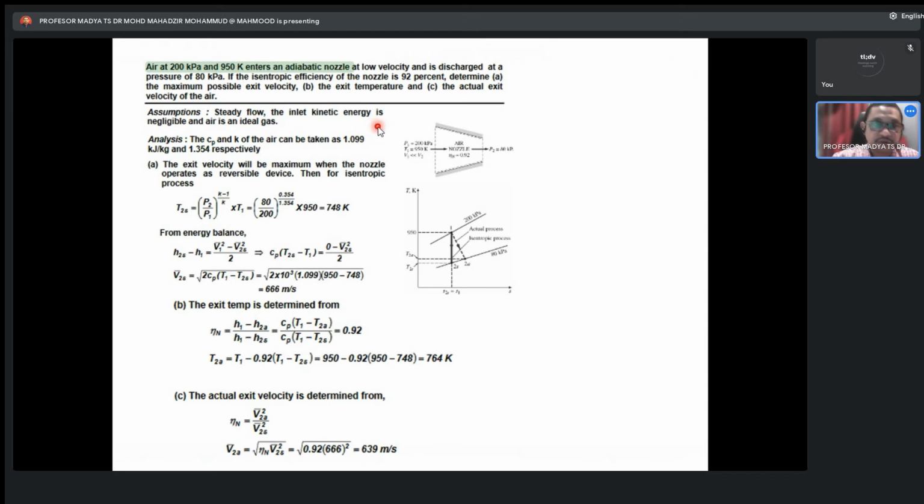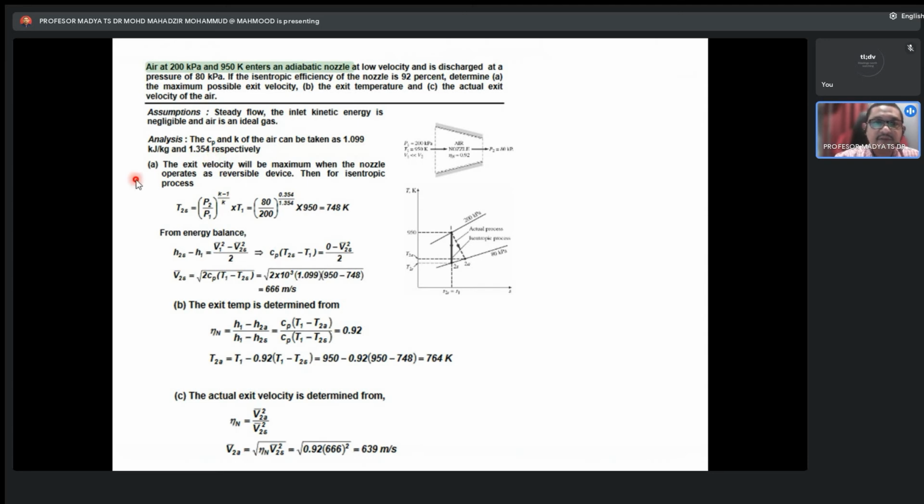The analysis based on Cp and k of the air can be taken as 1.099 kJ/kg·K and 1.354 for k. If you don't know how to remember these numbers, you can find Cp and k for air in the properties table.